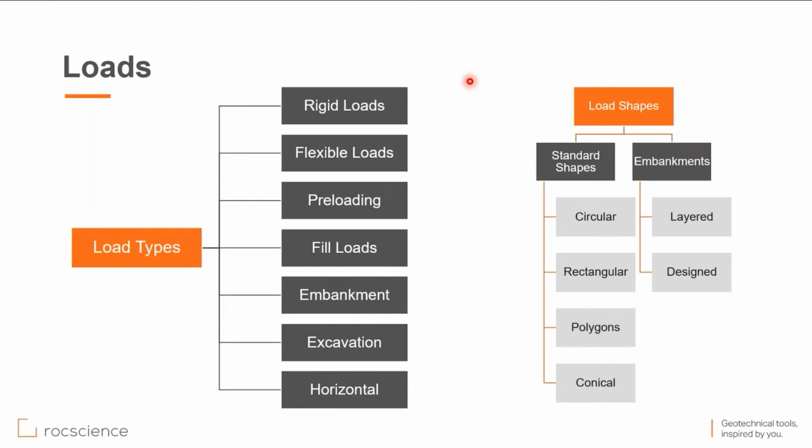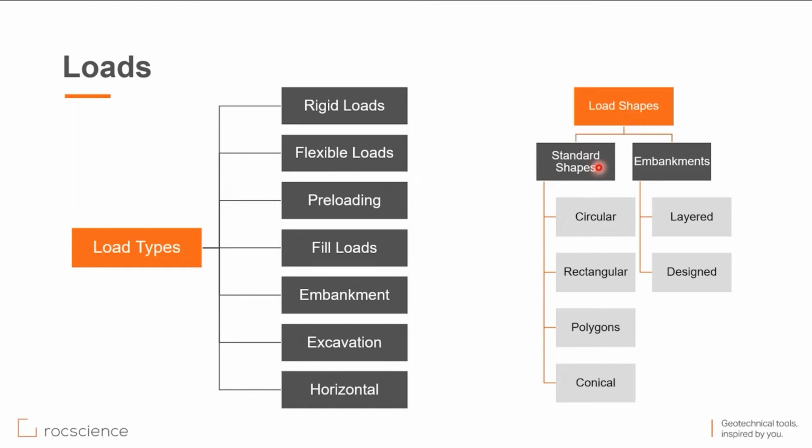The loads applied in Settle3, the load types may be rigid, may be flexible. You may apply preloading. So there is a time for the preloading. You will remove the load at a specific stage. Then there are fill loads, embankments. You can apply excavation, horizontal loads also.